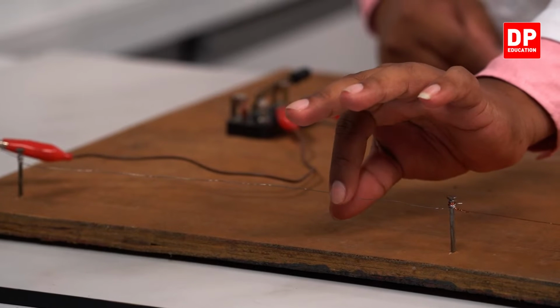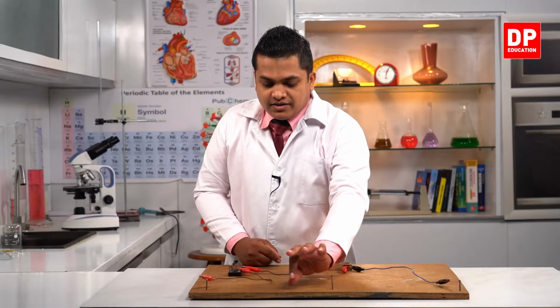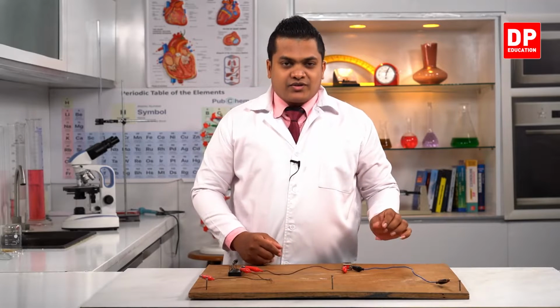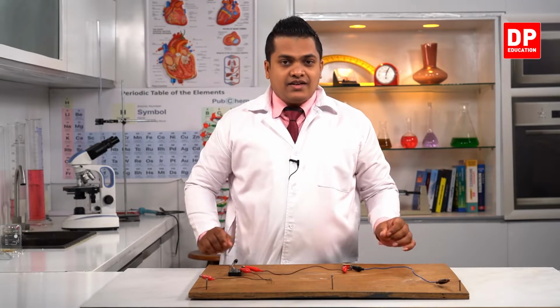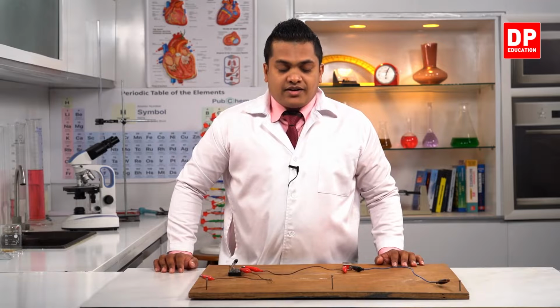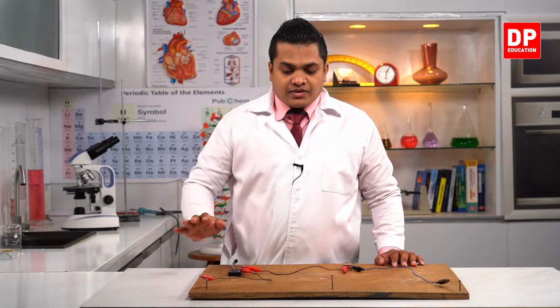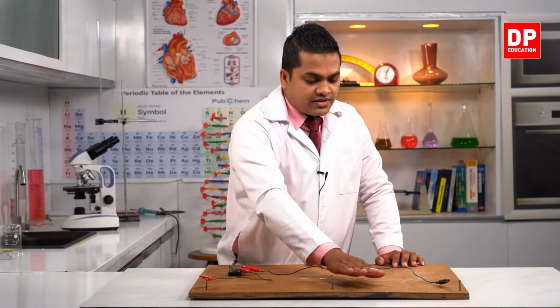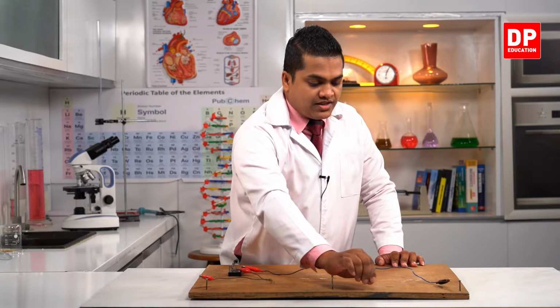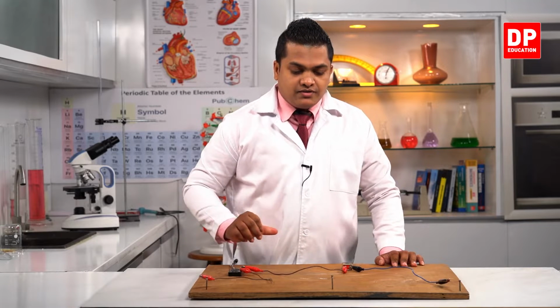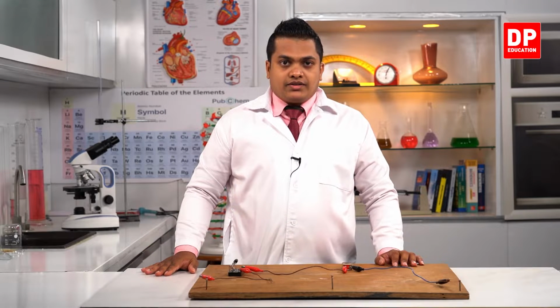If you touch it, you can feel the warmth very well. Even my fingers are getting burned when I touch this. This is very hot, but still there is nothing in this one.